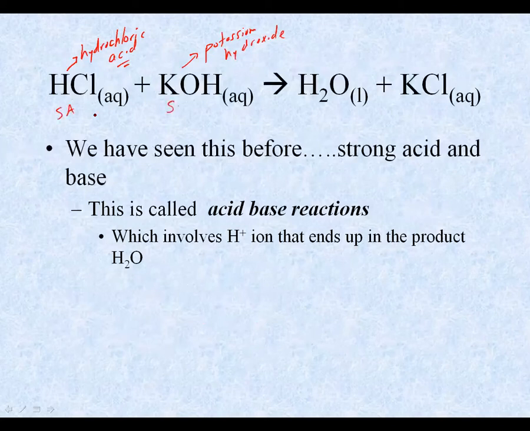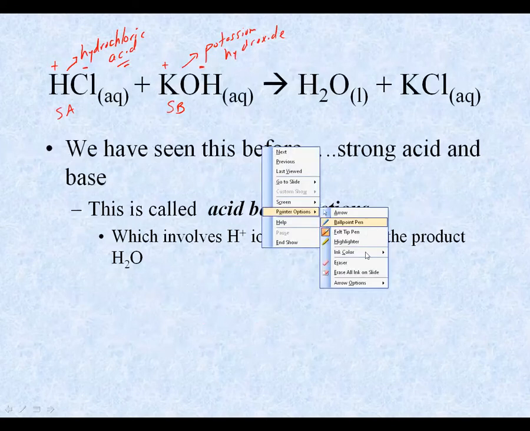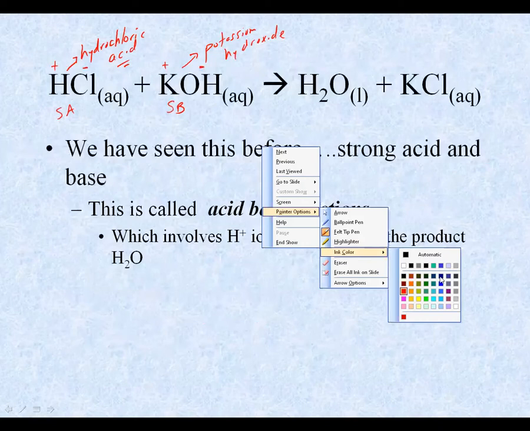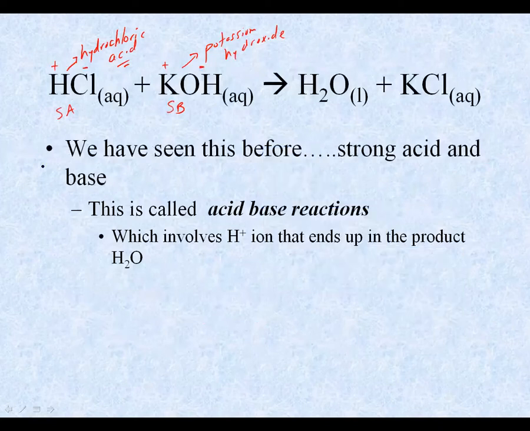And as we talked about, it also is a double displacement reaction: positive, negative guy, positive, negative guy. And as I mentioned before, that's essentially where water comes from. It comes from the H plus here, from the acid, and the OH minus from the base when they come together.